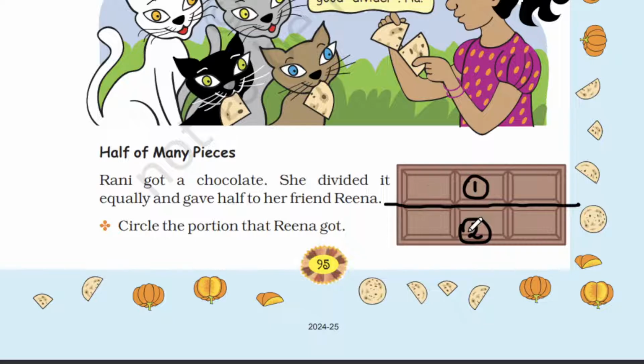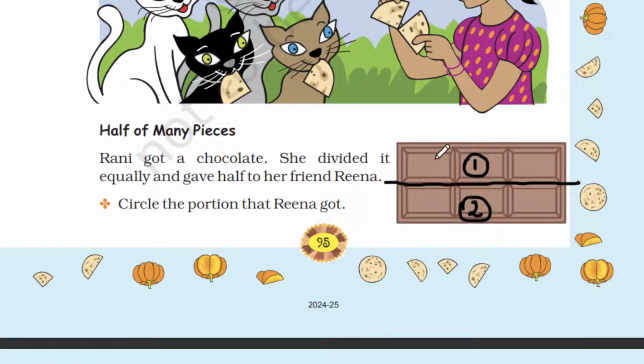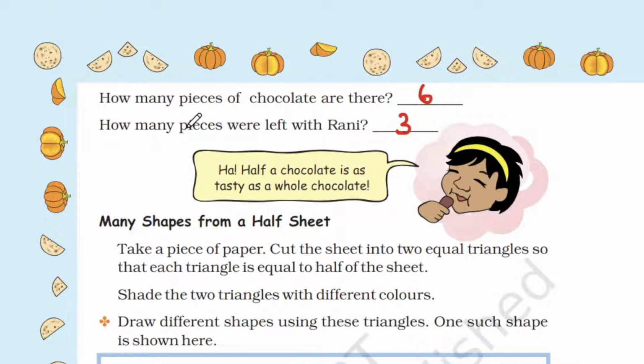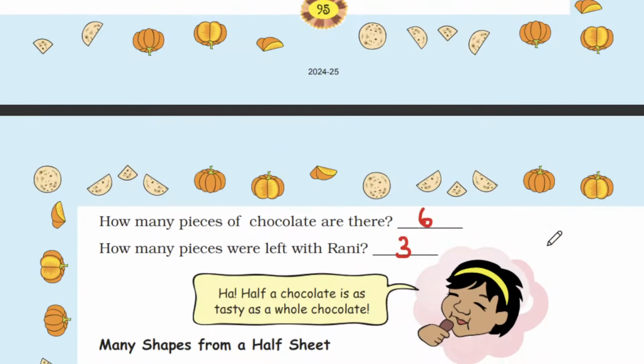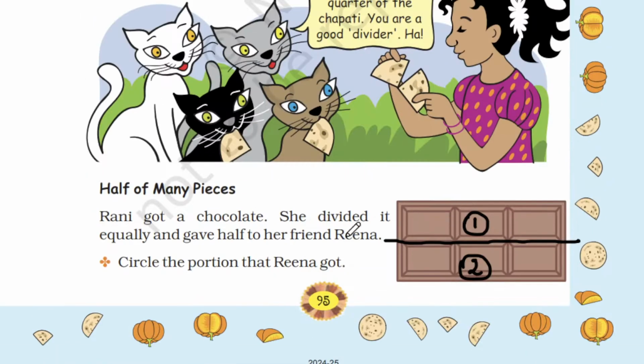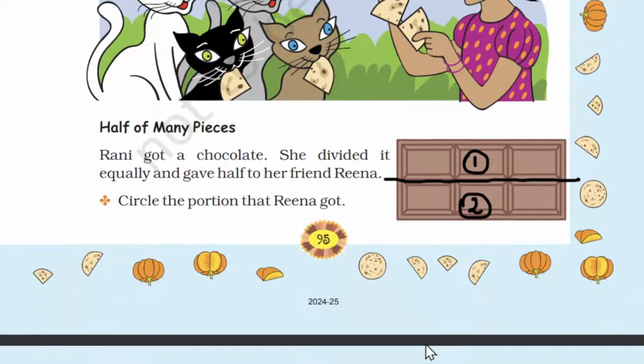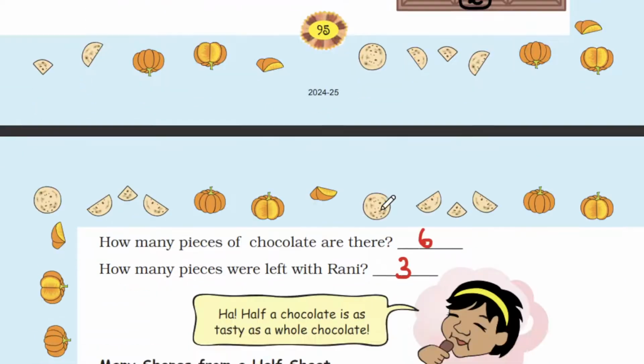Okay, and how many pieces of chocolate bar are there? 1, 2, 3, 4, 5, 6. So we have written 6 here. And how many pieces are left with Rani? 1, 2, 3. So 3 pieces. You can divide either in a vertical or a horizontal way. Okay, so in two ways you are able to divide it.